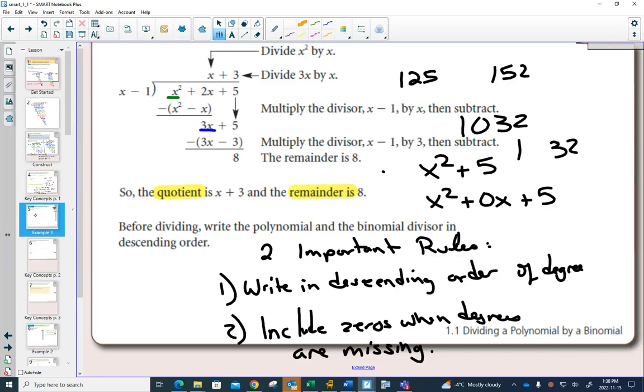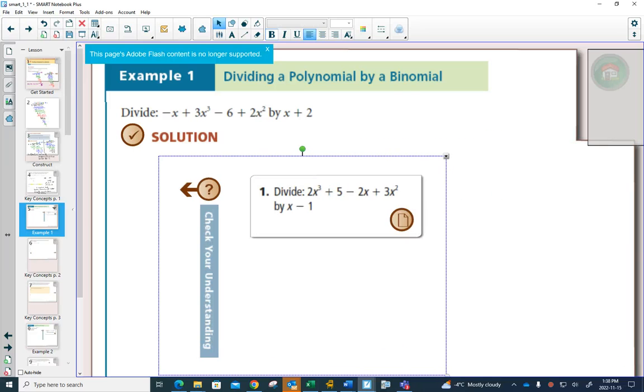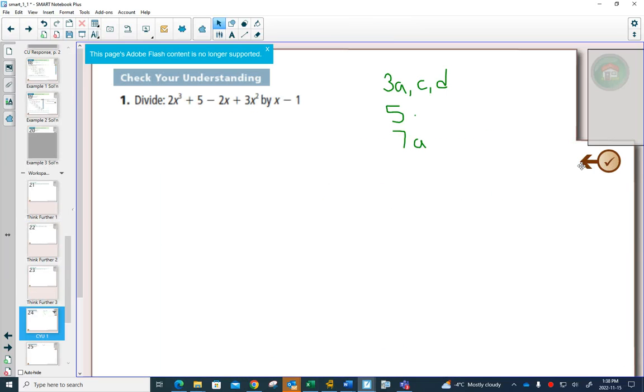So here's our first example. We want to divide 2x cubed plus 5 minus 2x plus 3x squared by x minus 1. Can you see that we have to make sure we do rule number 1?